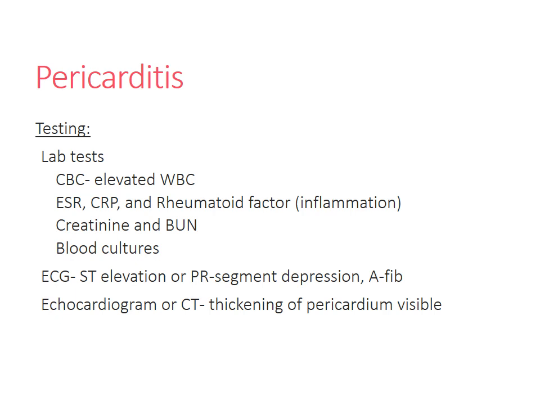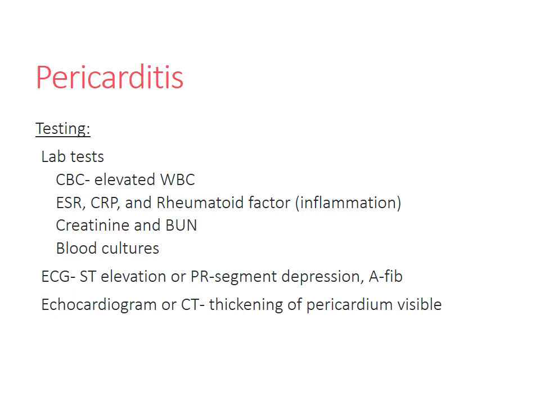blood cultures as well. We can do an ECG because a lot of times there will be dysrhythmias. Particularly, we'll see an elevation in ST segments or PR segment depression. We also can see AFib at times.